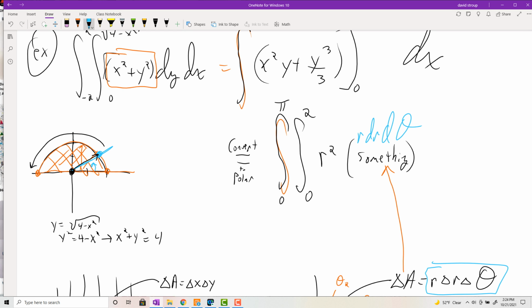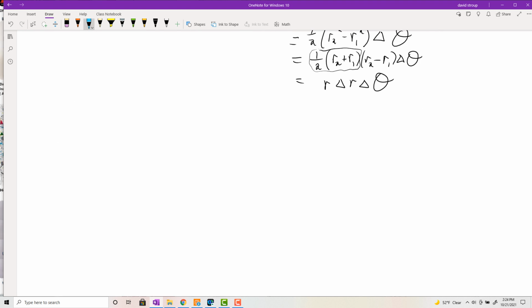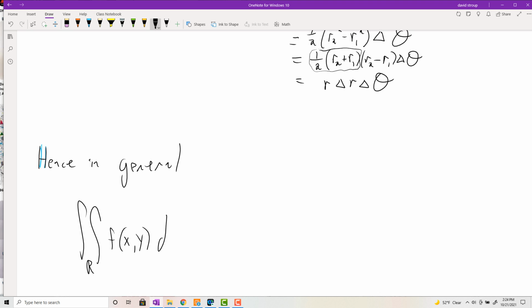And then you could integrate that, and it's pretty simple to integrate. So when all is said and done, it's not that big of a deal. So anyways, long story short, the conversion formula we have in general, the double integral of f of this function over this region R, we can integrate by doing this polar conversion.